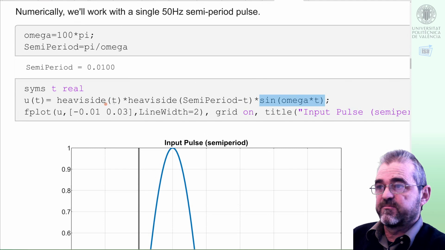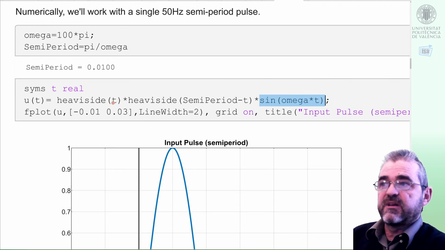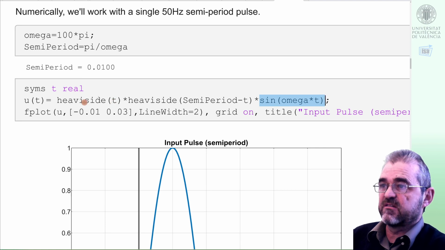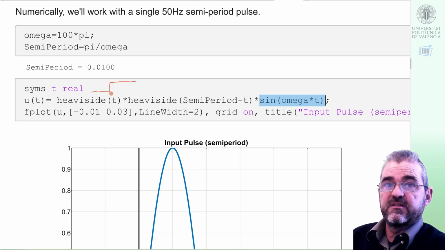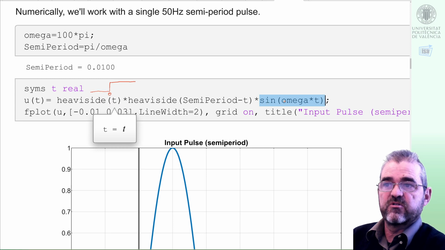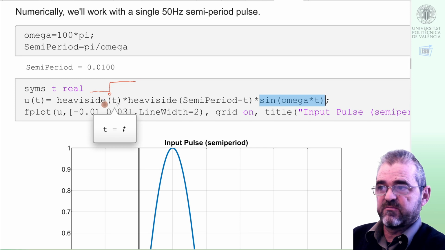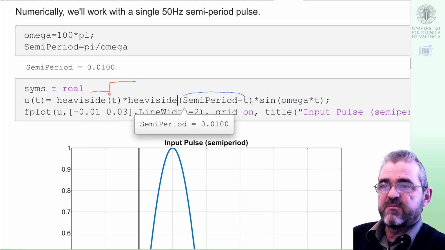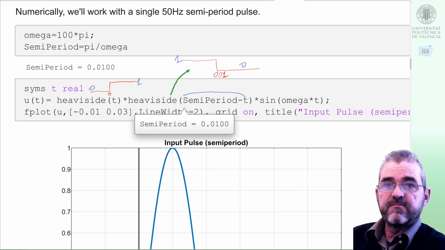The Heaviside function is 1 for non-negative arguments and 0 for negative ones, so Heaviside of t is just the unit step at instant 0, so it makes everything at negative time disappear, so the sinusoidal fragments for negative times will disappear after multiplication by Heaviside t.